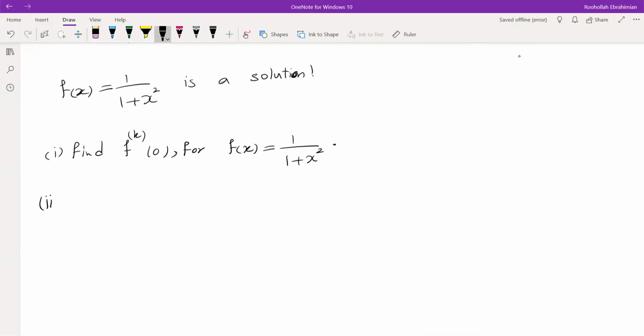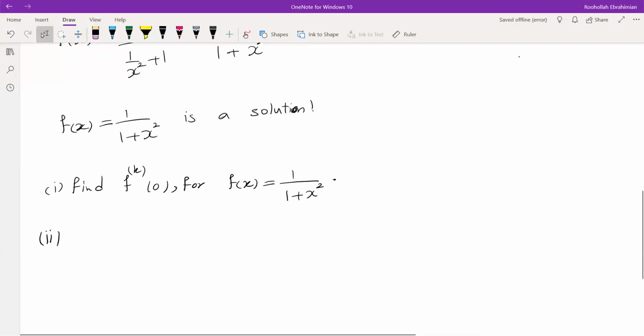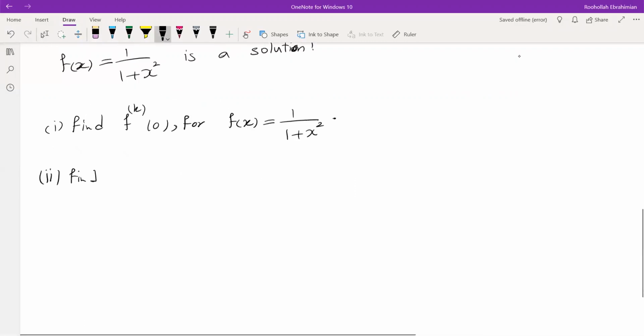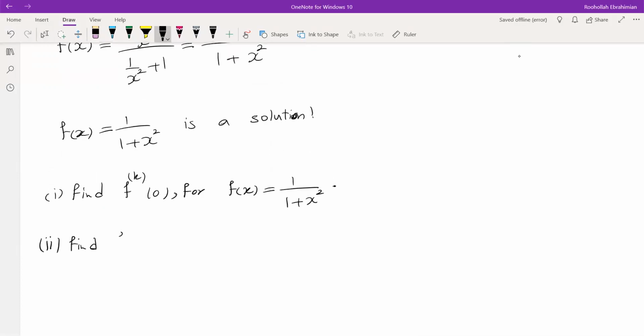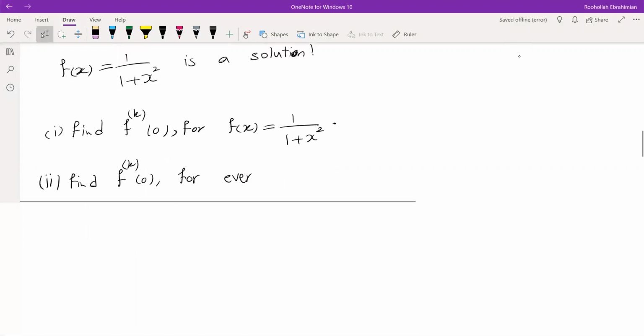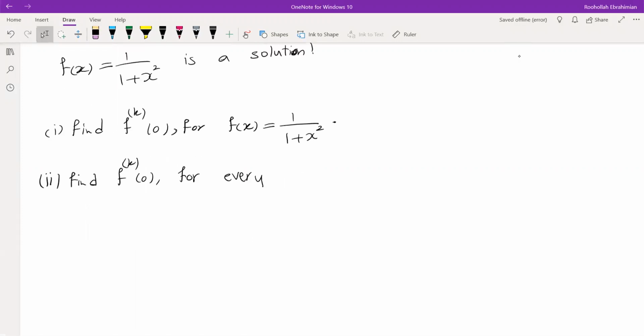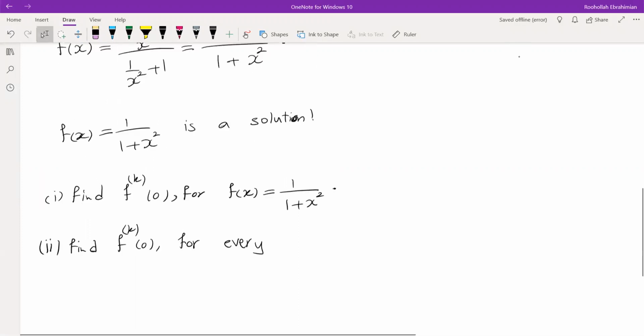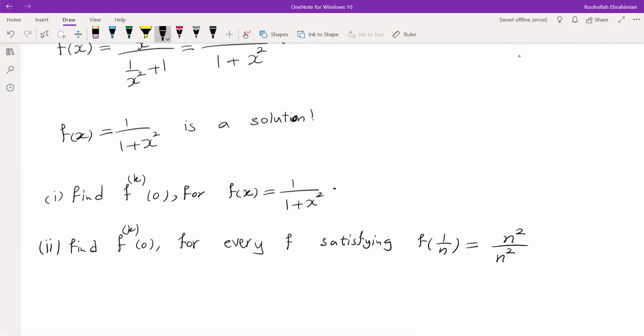And second, find f^(k)(0) for every f satisfying the given condition f of 1 over n equals n squared over n squared plus 1.